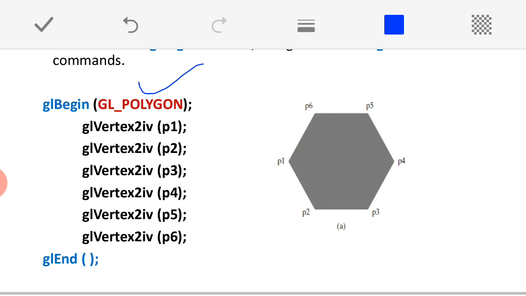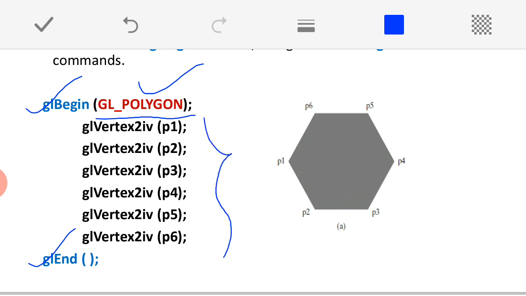You should also know how these particular primitives work with the GL vertex functions, that is very important. As we have already said, you have to write this code in a pair of GL begin and GL end. The symbolic constant is GL underscore polygon.